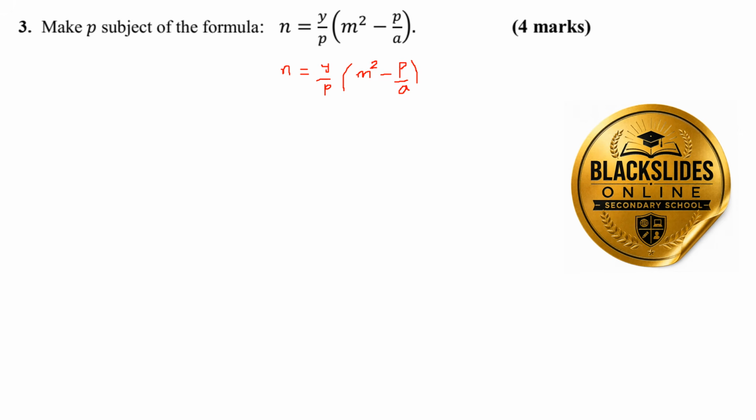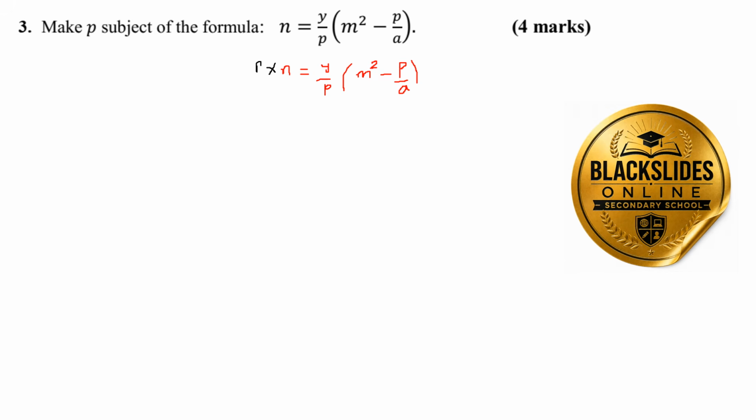So, first and foremost, we need to multiply both sides of this equation by p. Why are we doing this? We are multiplying both sides by p to remove the denominator here, and that's the variable that is being sought after. We are asked to make p the subject.